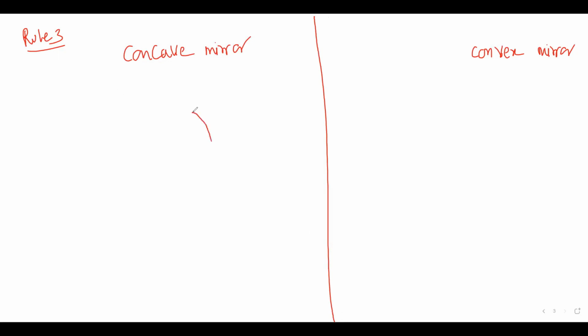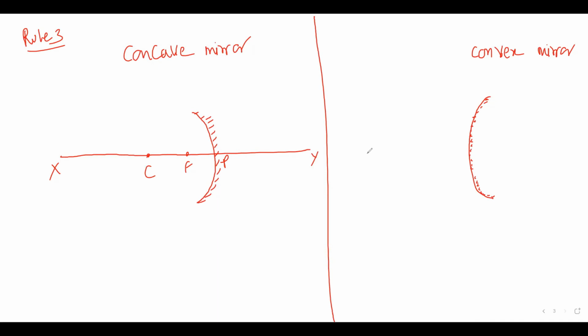Let's draw the figure of concave mirror, convex mirror. Principal axis, pole, focus, center of curvature, pole, focus, center of curvature.